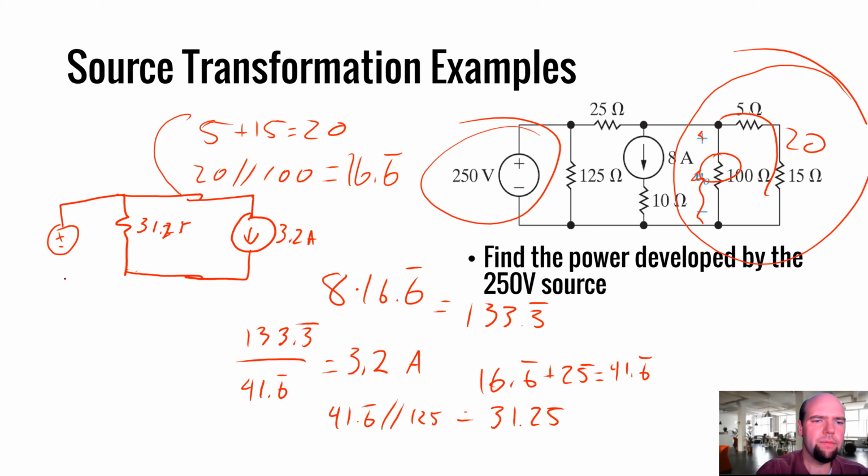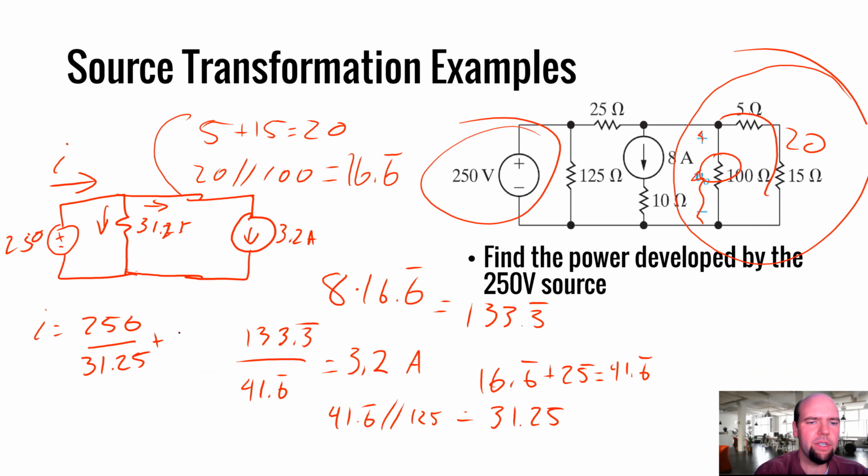Okay. And now, if I'm trying to find this current, I'd probably just solve it now. So this current I, by Kirchhoff's current law, is going to be this current plus this current. So I is going to equal 250 divided by 31.25 plus 3.2 amps.